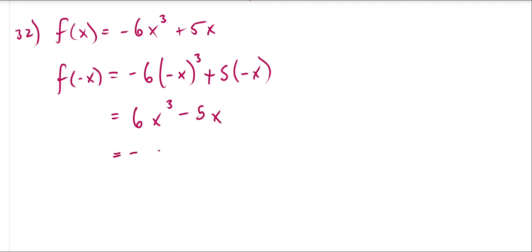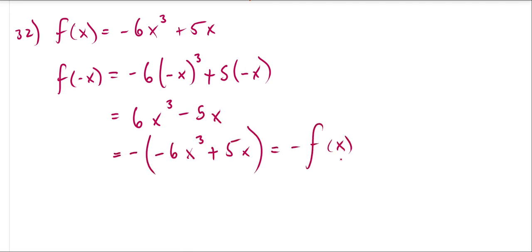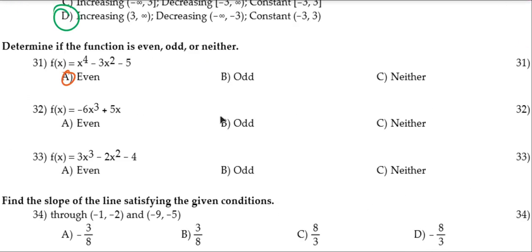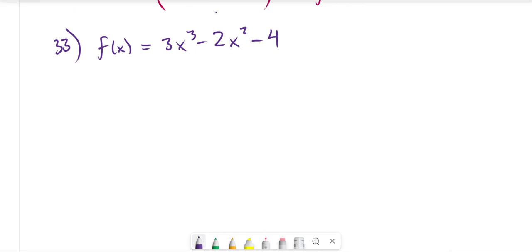Now notice if I factored out a -1, then we could see this is exactly negative f of x. And this tells us that the thing we are looking at is odd. We could have also just looked at these odd exponents and determined that. So 32 is odd.